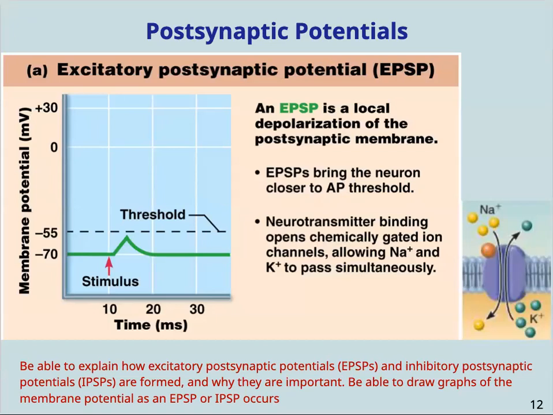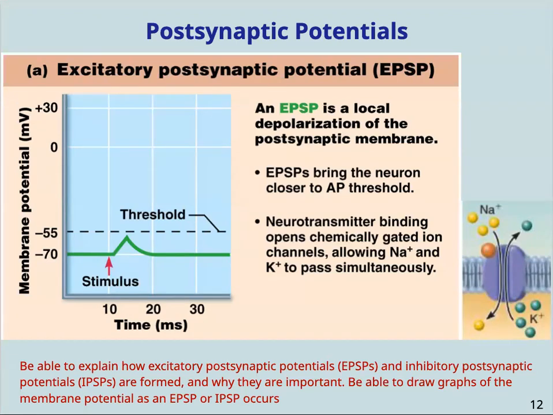Let's now first look at the excitatory postsynaptic potential. The neurotransmitter binding to the postsynaptic neuron can open up these chemically gated ion channels. This is in contrast to the voltage-gated channels we see on the axonal membrane. At excitatory synapses, the neurotransmitter binds and depolarizes that postsynaptic membrane.